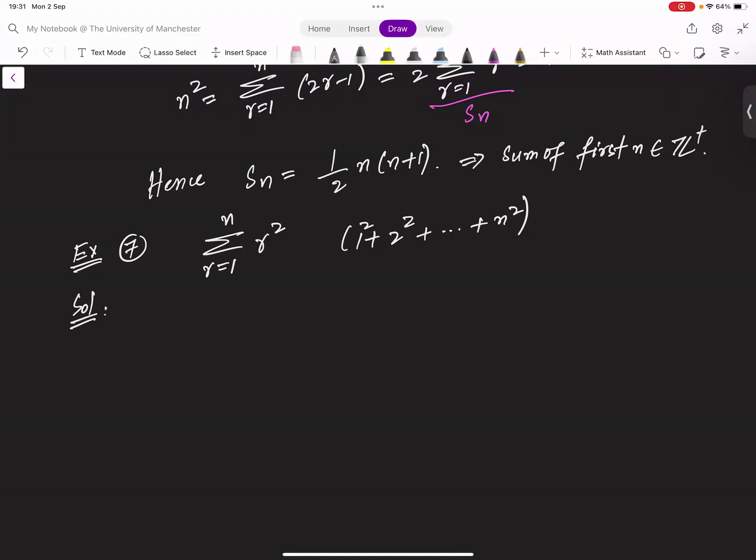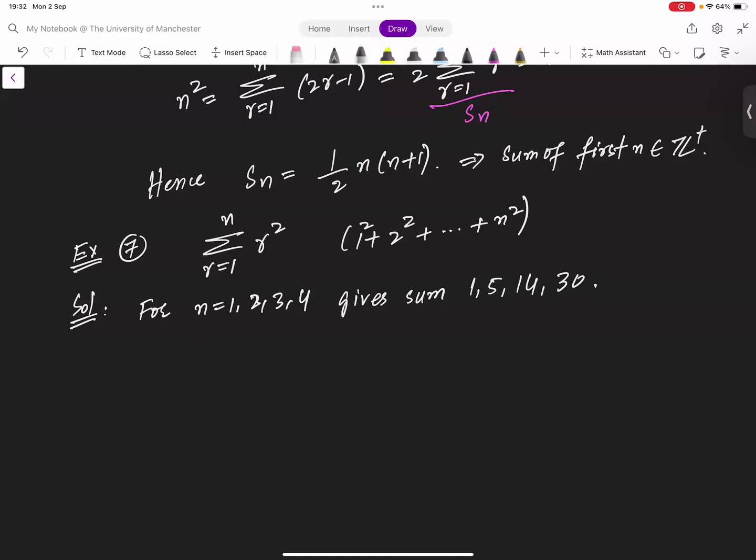The first few values for n equal to 1, 2, 3, 4 give the sum as 1, 5, 14, 30. It is not easy to guess a formula from these values.